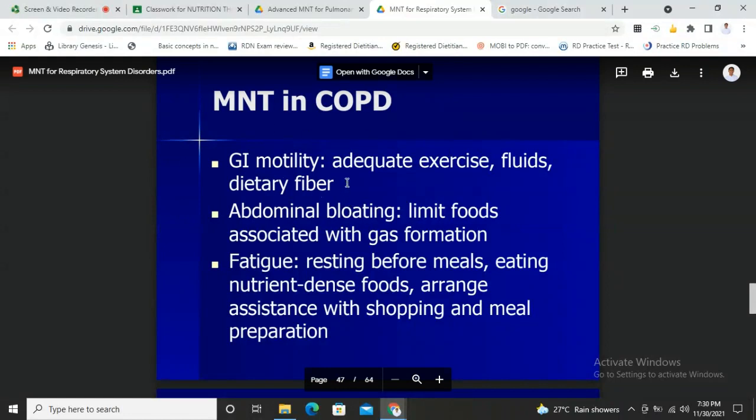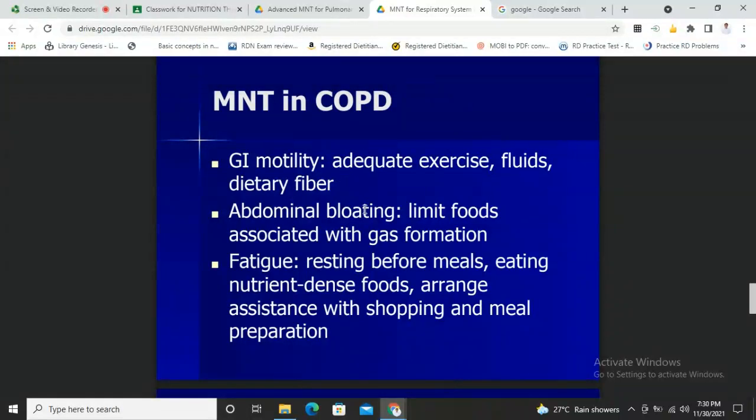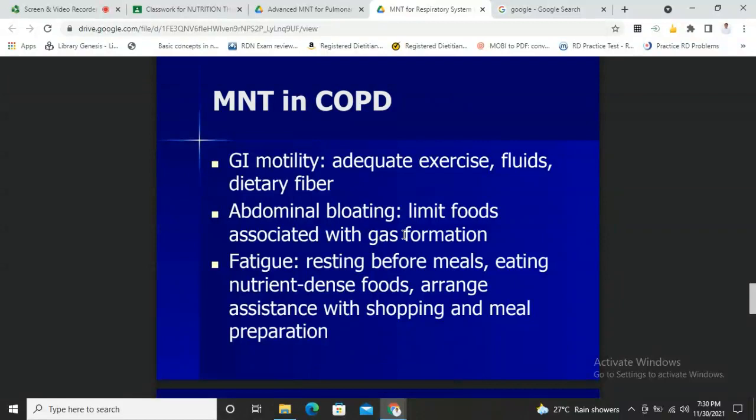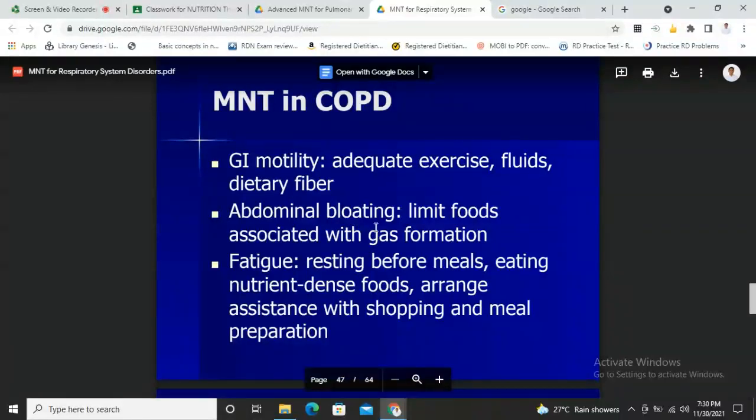We can increase the insoluble fiber, since it speeds up motility in the GI. Limit foods associated with gas formation so the patient does not become bloated, because they already have difficulty breathing, and being bloated makes it even harder.